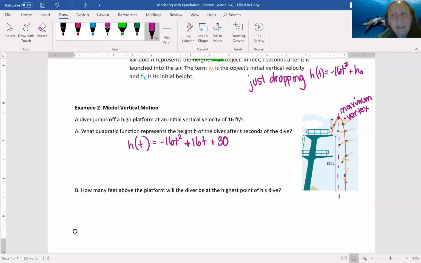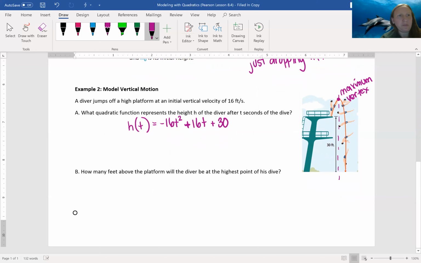In order to find the vertex, we need to find the axis of symmetry. So we are going to use our equation and find the axis of symmetry from it. Normally I know it's x equals negative b over 2a. In this case, because it's t for seconds, I will say t equals negative b over 2a, but it's really the same thing.